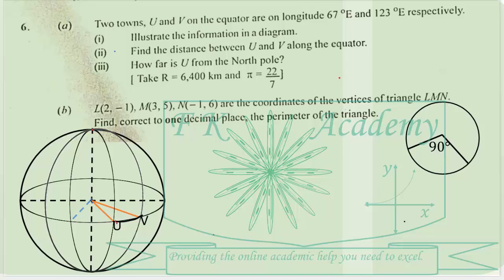6 (ii). How far is U from the North Pole? So this is U. Moving along the longitude, we'll be able to calculate that. This time, remember that this is R and this is another R. So over here, we're going to get the angle between them to be 90.